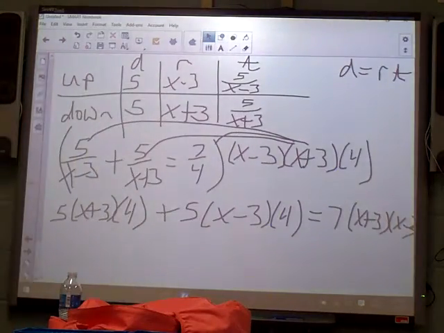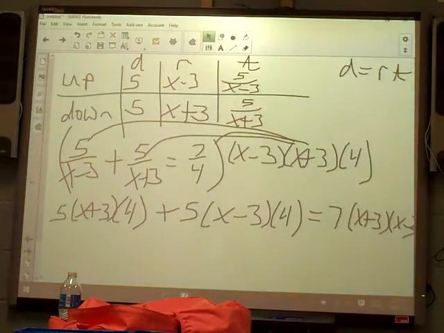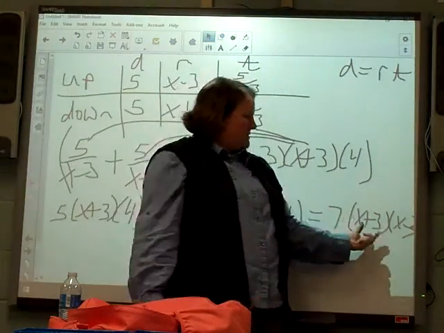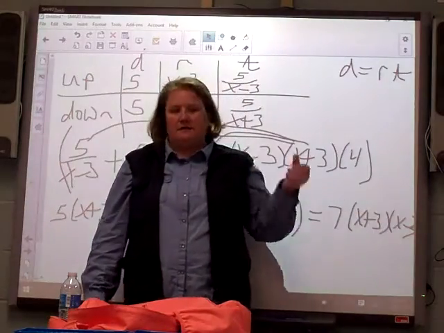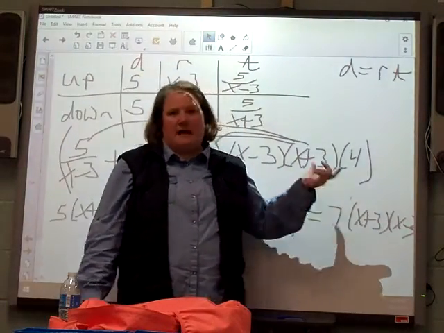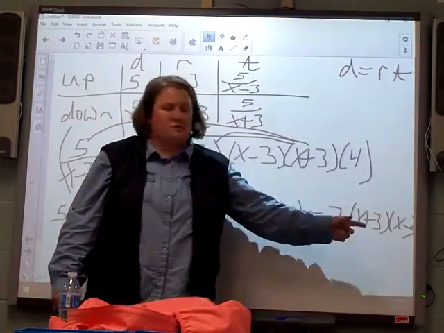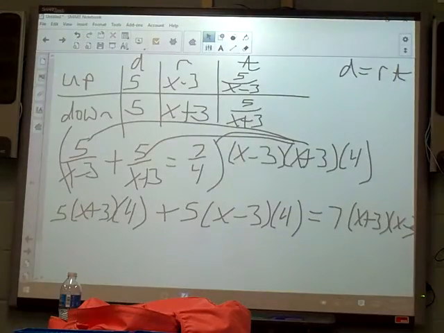So that'll make 20x minus 60. Here, you can write this out and FOIL it if you want to. X plus 3 times x minus 3. That's the difference of squares. And we've done that 10 gazillion times. It's x squared minus 9. If you don't remember it, FOIL it and check it out. So 7 times x squared minus 9 would be 7x squared minus 63. 7 times 9 is 63.